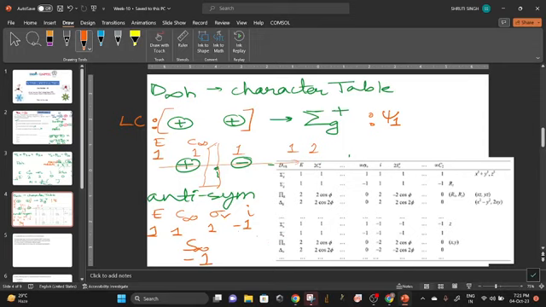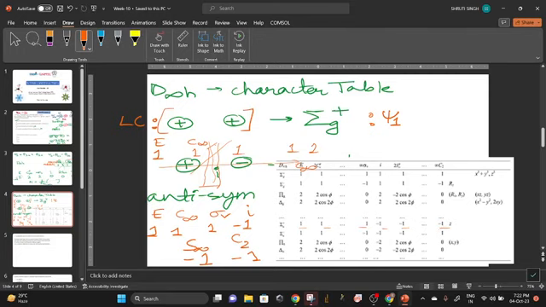And C2. C2 will also be perpendicular to the C infinity. So if this is C infinity, a C2 can be like this, perpendicular to this. Anything perpendicular to C infinity will change the positive and negative. So for C2, this also will be -1. So this combination gives 1, 1, 1, -1, -1, -1.